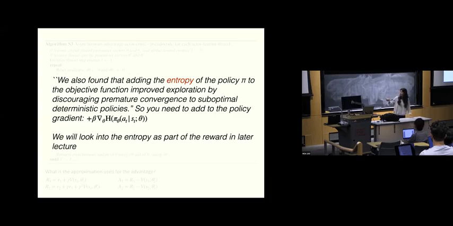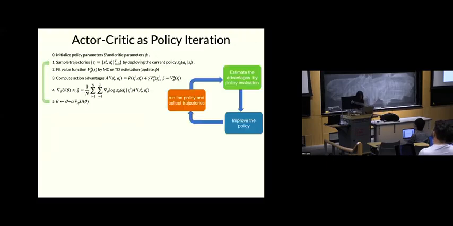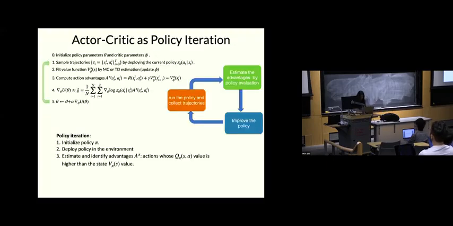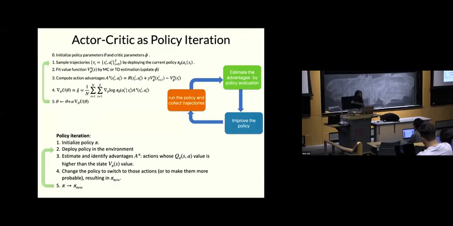This is not maximum entropy reinforcement learning. This is just a very greedy way of maximizing the entropy of the policy at the particular time step. We'll make the connection between that hack and maximum entropy reinforcement learning next week. So I think I've already discussed how actor-critic is a policy iteration. And I think that's the end.